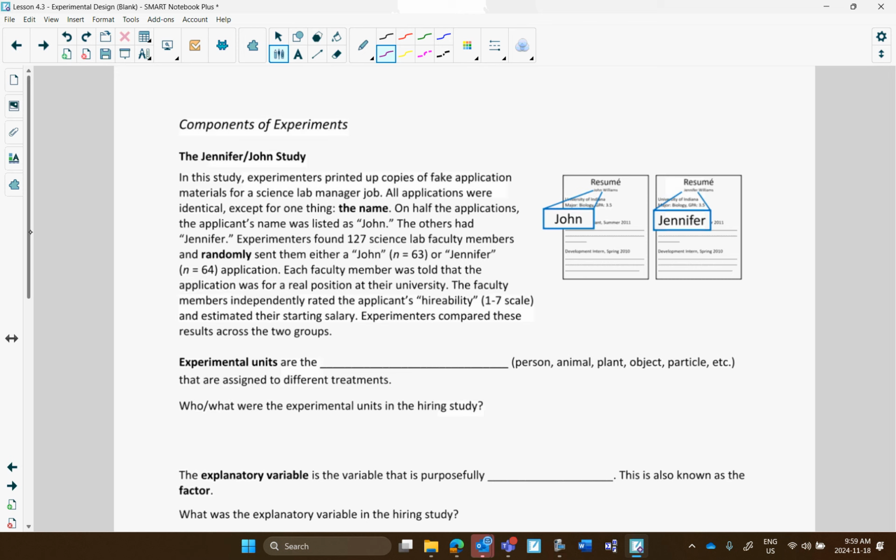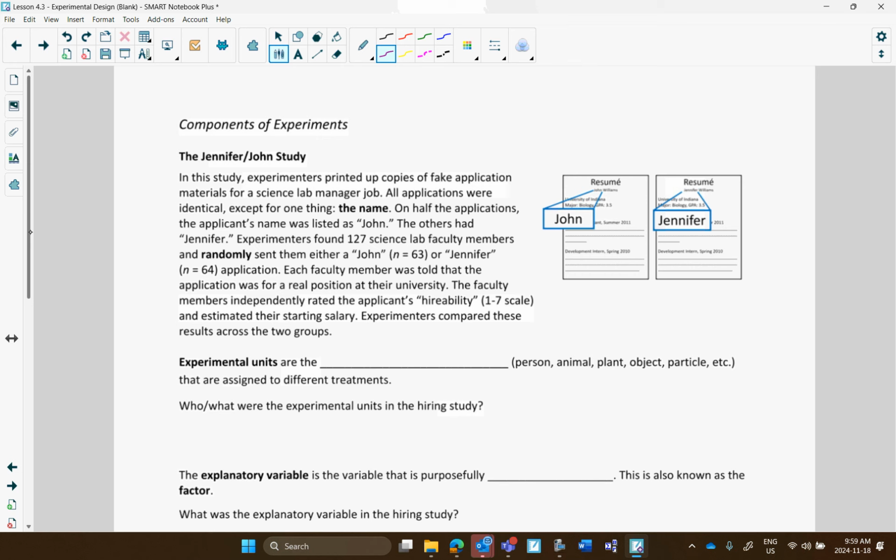So let's say we want to see if there's any hiring bias in STEM fields. So we're going to do an experiment, and here's how an experiment might look. In this study, experimenters printed up copies of fake application materials for a science lab manager job. All applications were identical except for one thing, the name, one of which was listed as John and the other Jennifer.